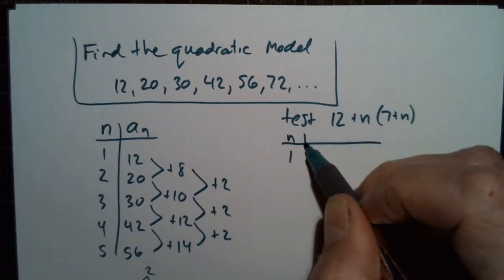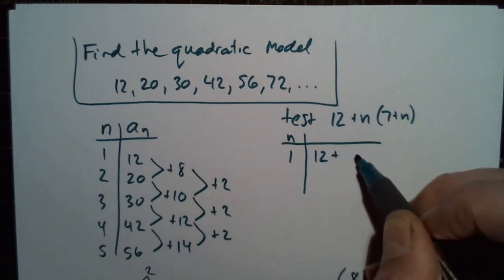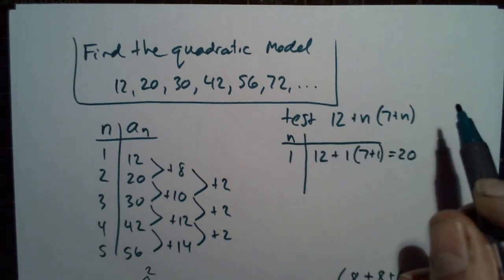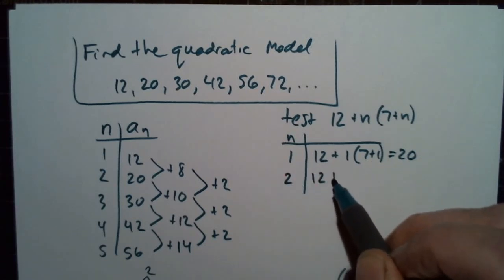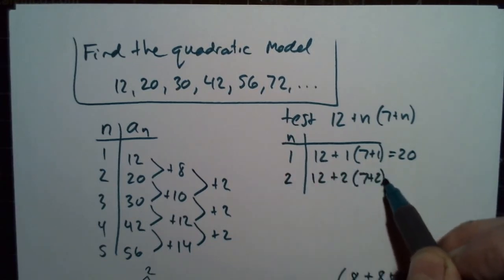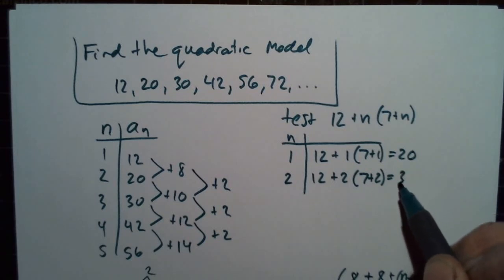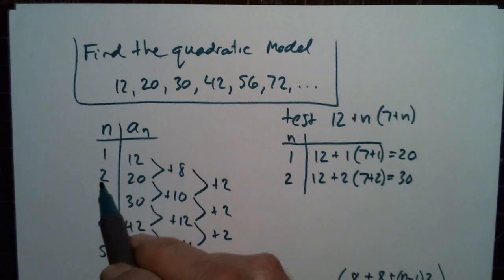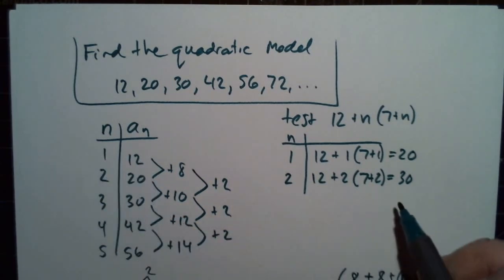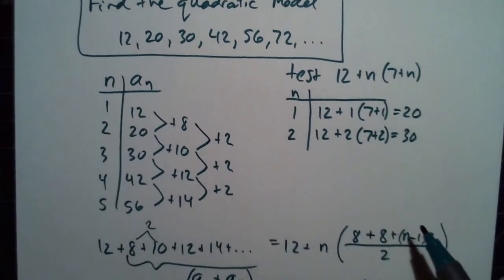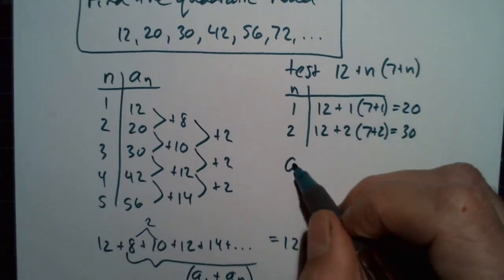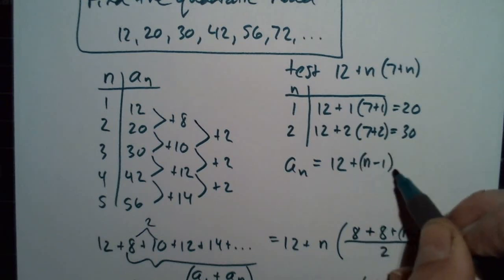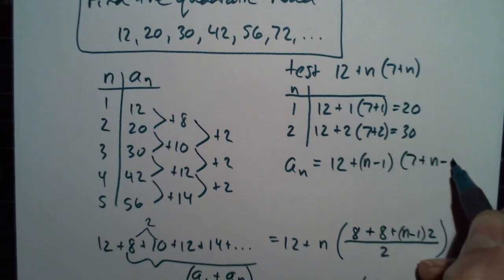If n is 1, we get 20. If n is 2, we get 30. 1 goes to 20, but 1 is not supposed to go to 20. 2 is 20, 1 is 12. So we come to the same strategy that we did before, where we could say that 12 plus n minus 1, 7 plus n minus 1.